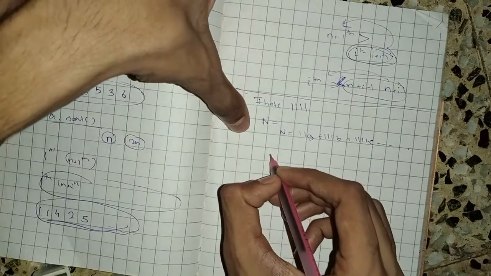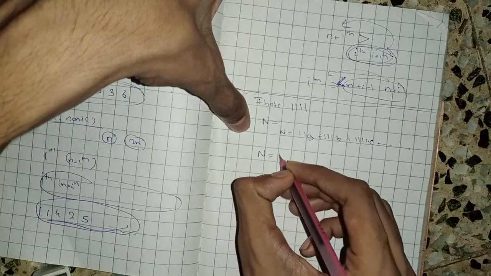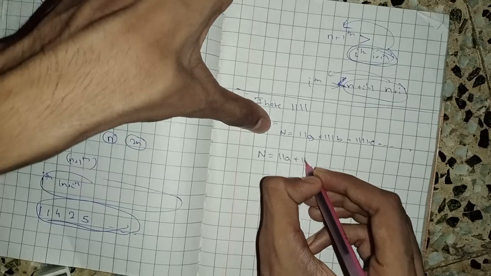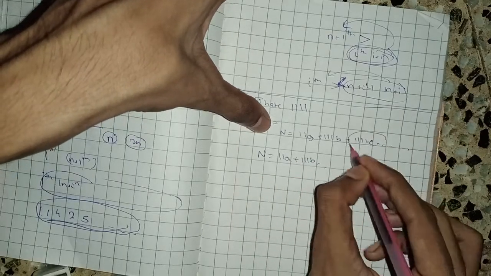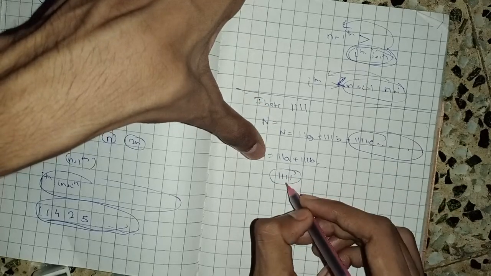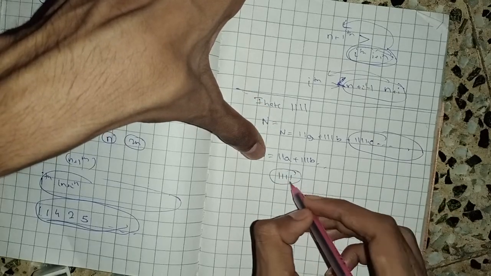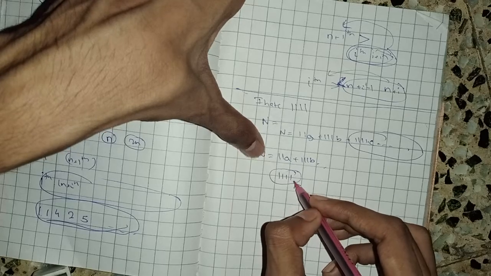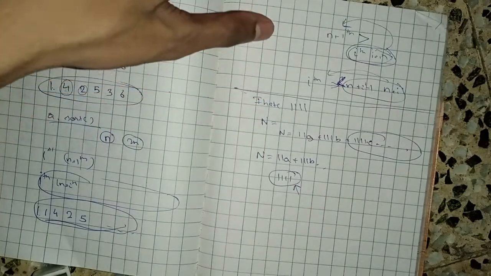First observation: n can be written as the sum of 11a plus 111b alone. We can ignore the rest of the numbers because 1111 is divisible by 11, and also we can use any number any number of times.